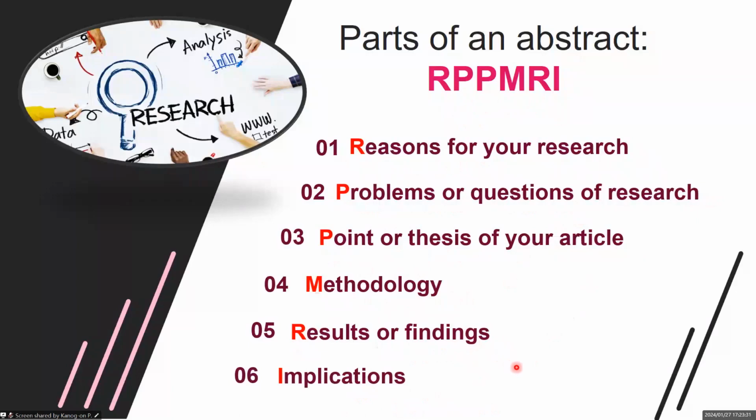In your informative abstract, you will talk about each part very clearly. Some articles might not include all of these, so it depends. But I suggest that you follow this if you can.